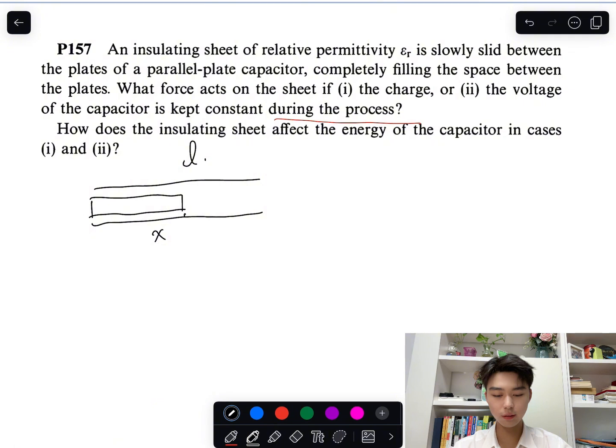Let's assume the length of the parallel plate is L, the width being D. So the cross-sectional area will be LD, and here we have L minus X. In here we have the permittivity epsilon r, and because it is completely filling in, we can just ignore that. Here we have epsilon 0.